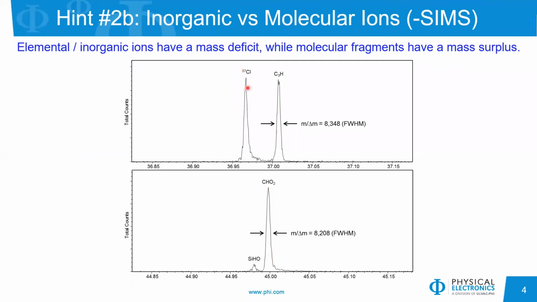In the top panel, we see chlorine 37 showing up with a mass deficit, and this C3H minus peak showing up just on the high side of nominal mass. So again, elemental or inorganic ions will have a mass deficit, while your organic ions will have a mass surplus.